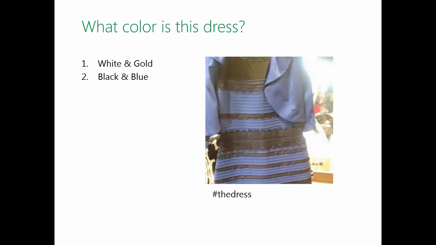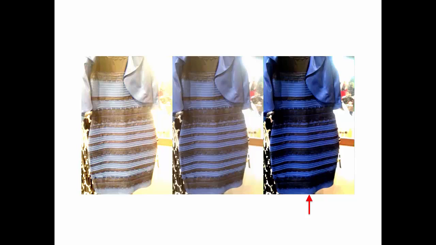Of course, first you're wondering what the real color of this dress is. Let me answer. The actual color of this dress is black and blue. So the majority of you still guessed the right answer, but I'm sure that the ones who think this was the real color are very, very sure that this dress is white and gold, but actually it's not.